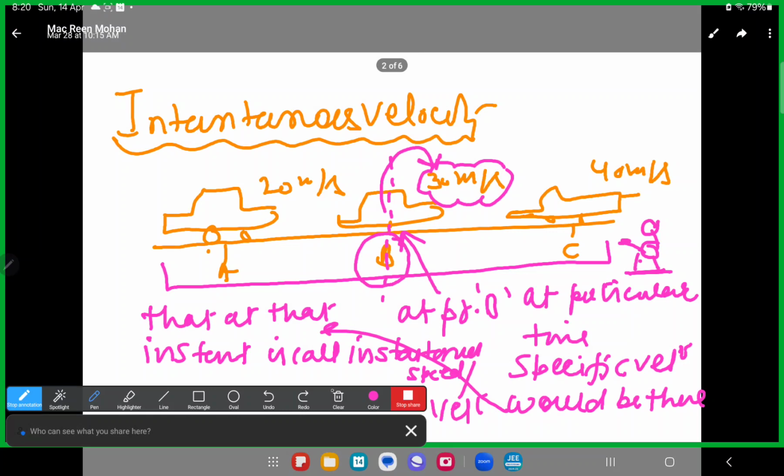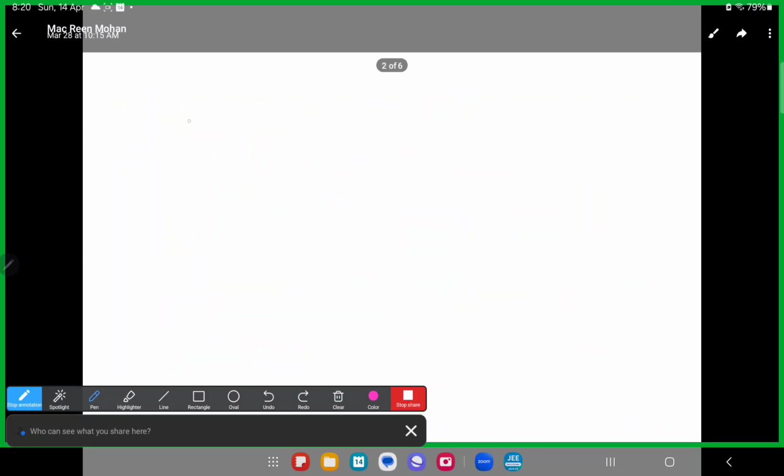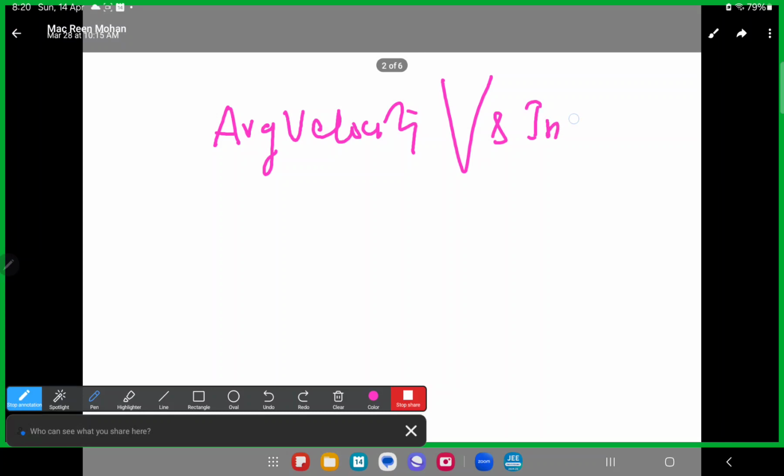Fine. So average velocity versus instantaneous velocity.